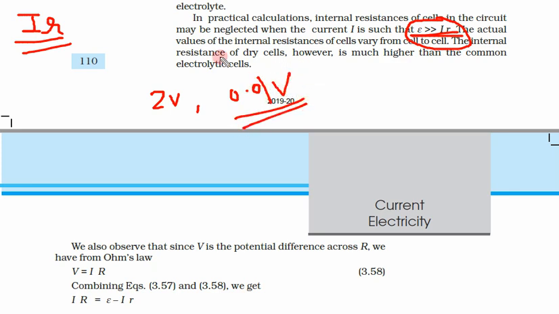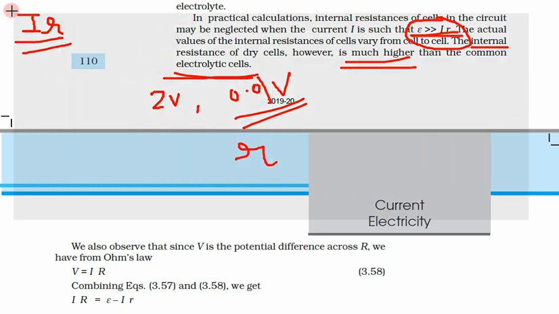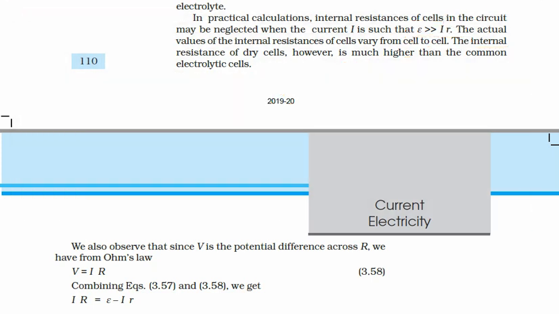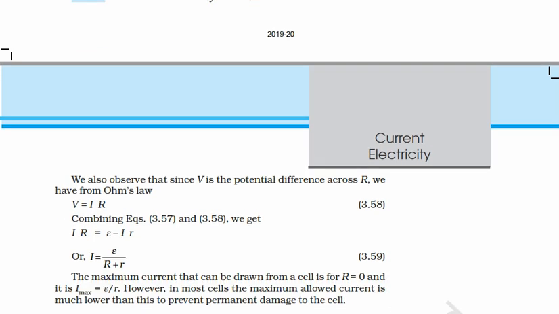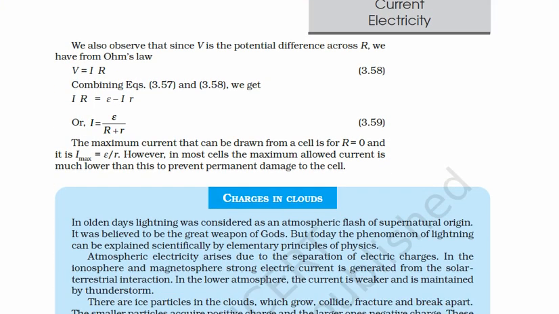Then we can neglect this term. But the internal resistance r for dry cells is very high. For electrolytic cells it is quite low, but for dry cells this is quite high. So we can only neglect this Ir when it is small in comparison to the EMF of the cell.